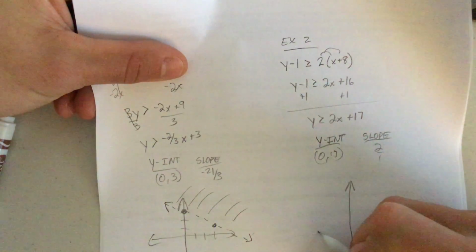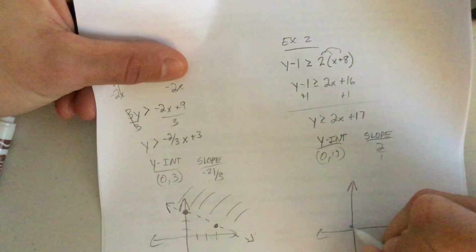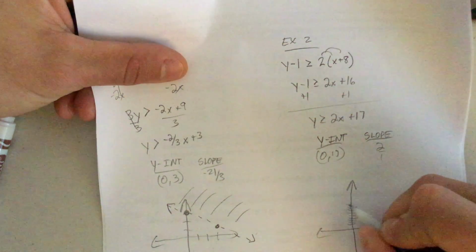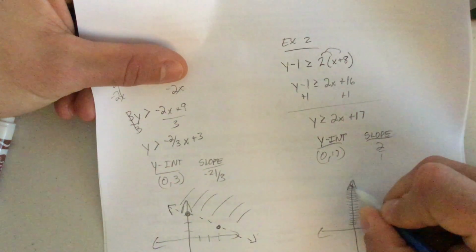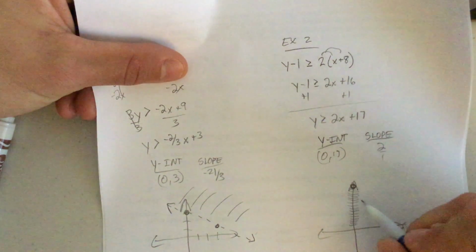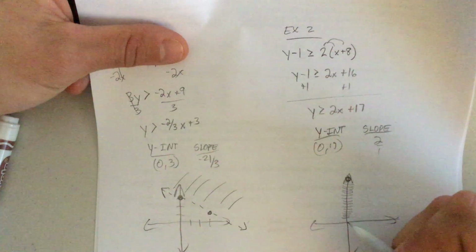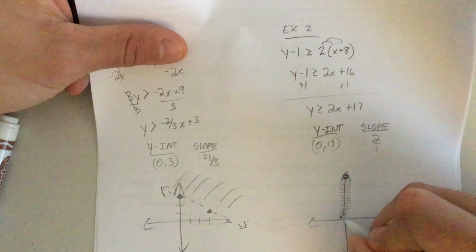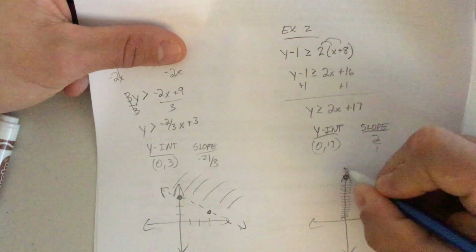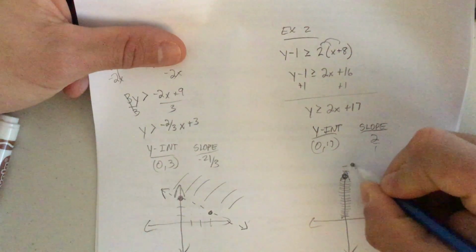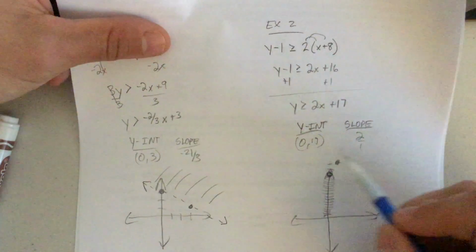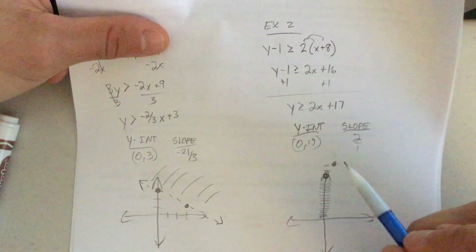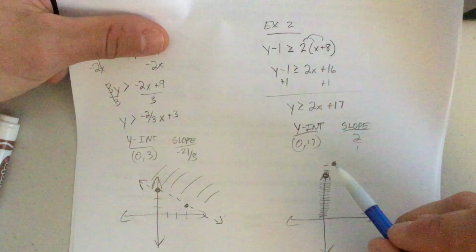I'm going to do this super fast. For argument's sake, let's say that's 17. It's probably a little less, but that's okay. And then we'll go up 2, over 1. The big thing here, because I know you know how to do that, is: is our line solid or dotted?